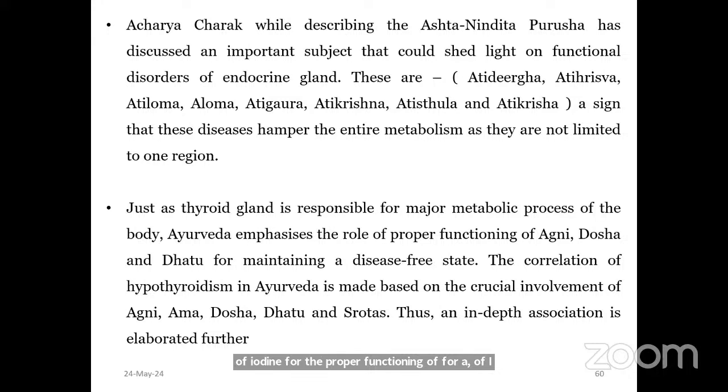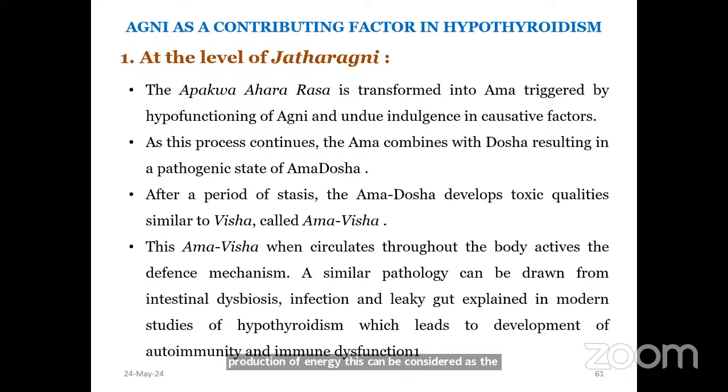So the assimilation of iodine can be considered a Jatragni level function, synthesis of thyroid hormone in the thyroid follicles can be considered a function of Dhatwagni level, and the effect of T3 and T4 at the cellular level, on the genomic level and through the mitochondria in production of energy, can be considered a function of Bhutagni level. So we have discussed how Jatragni, Dhatwagni, and Bhutagni can be understood with thyroid function.